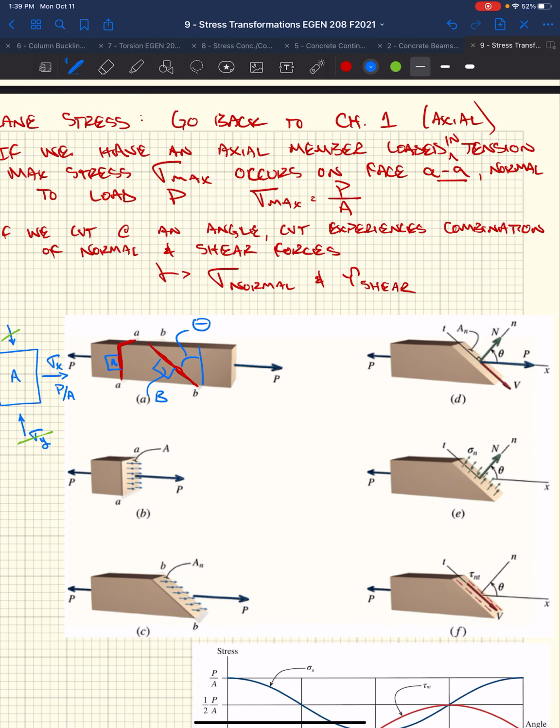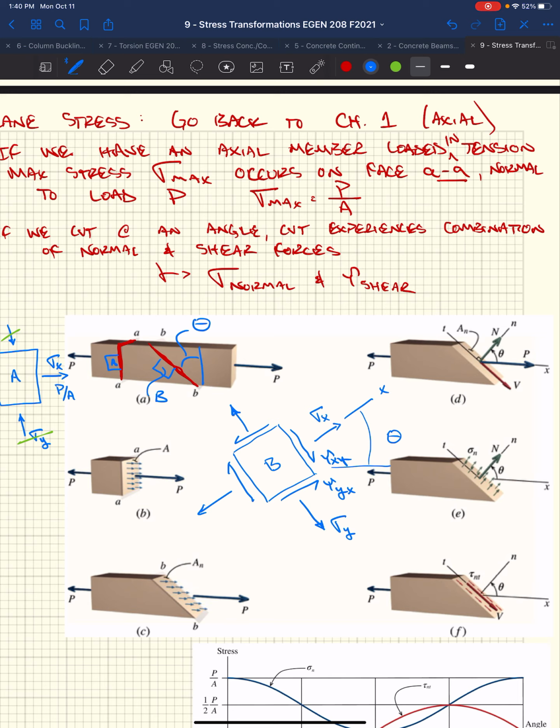So if we looked at our block B, for instance, and it was oriented at our angle theta, when we cut this member at an angle, we now have shear stresses and normal stresses.